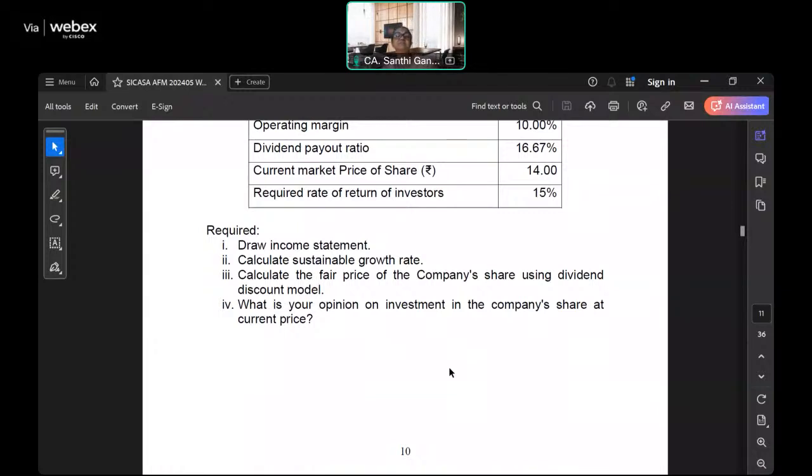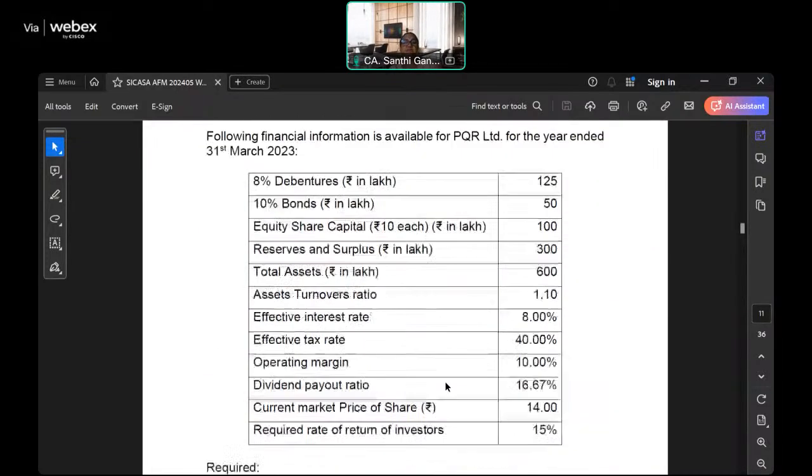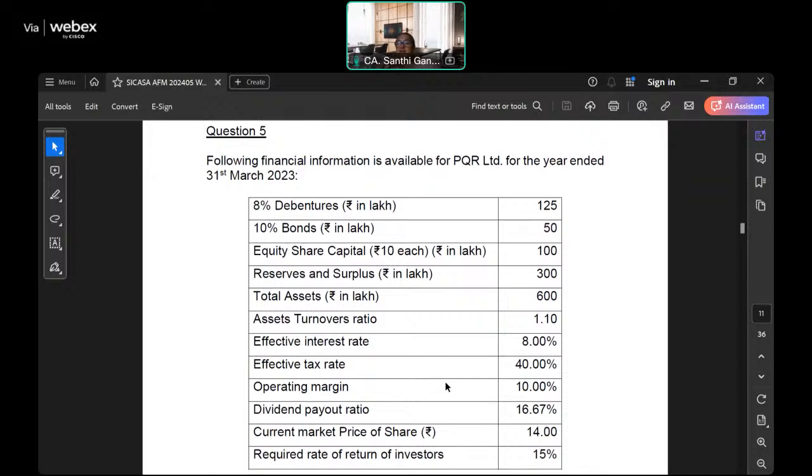Draw income statement, calculate sustainable growth rate, find the fair price. Should you invest? These are the requirements. What is sustainable growth?